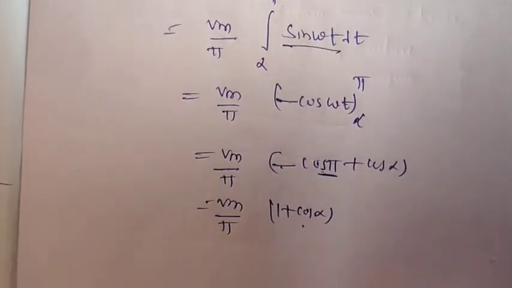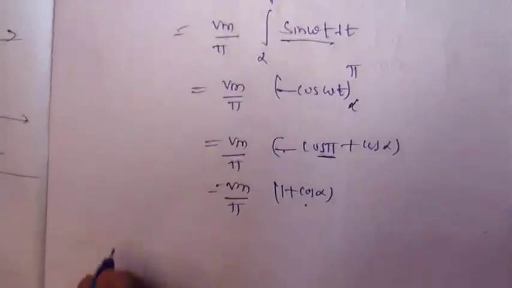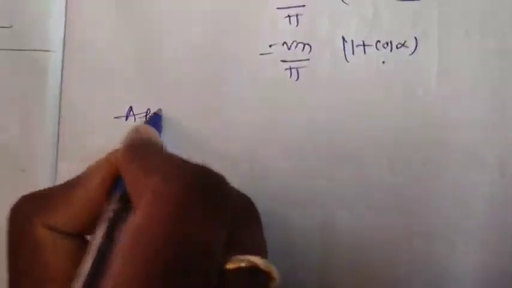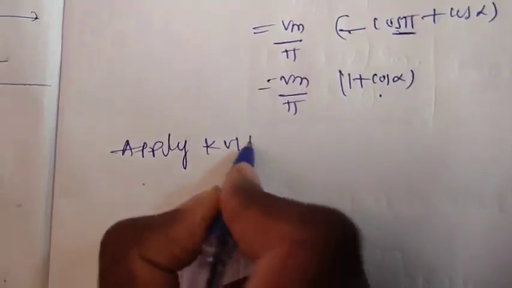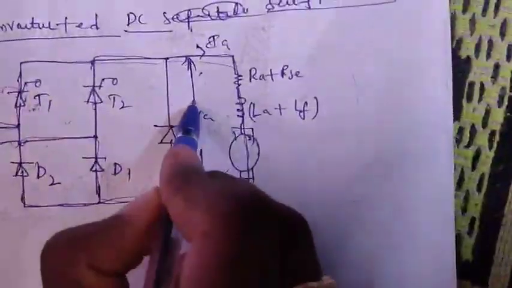Now the torque and speed equations. Here we can apply KVL to the loop.